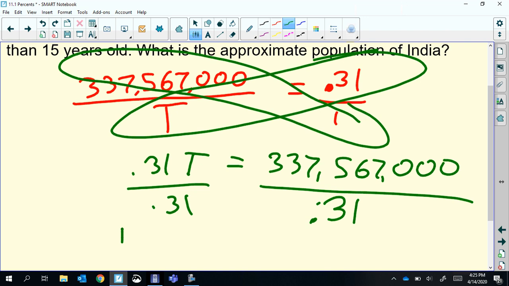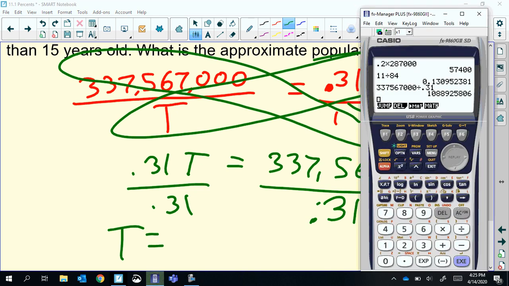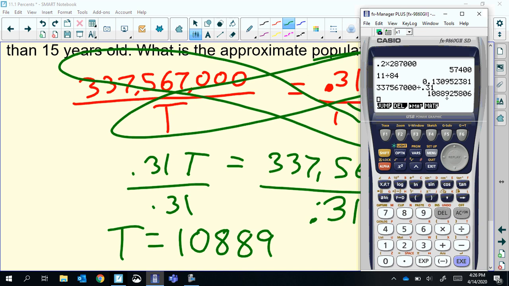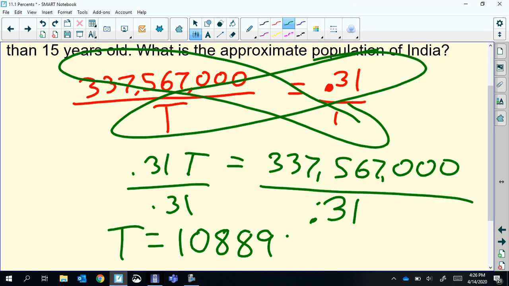So that means our total is this number, 1,088,925,806. And if you want to insert your commas into here. So that's a little bit over 1 billion people.